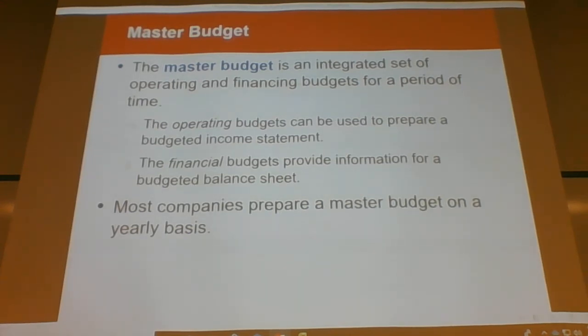So a financial budget then, the purpose of that is to say, okay, how much do we need to pay off items such as liabilities on the balance sheet? What do we need for the acquisition of new assets, property, plant, and equipment, and so forth? And then finally, your slide says master budget is generally prepared on a yearly basis.